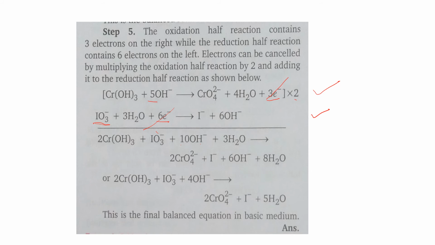So 2CrO4 2 minus plus 2 4s are 8 H2O, and here it is I minus and 6 OH minus. Okay. Now 2CrOH whole 3 plus IO3 minus, and then bring the OH in the left hand side and take H2O in the right hand side.